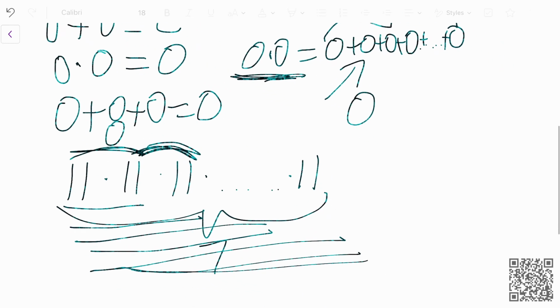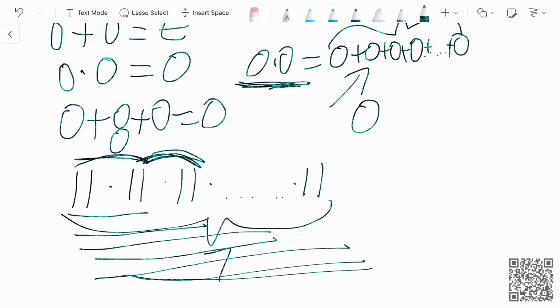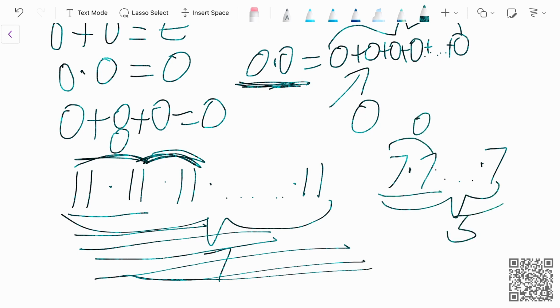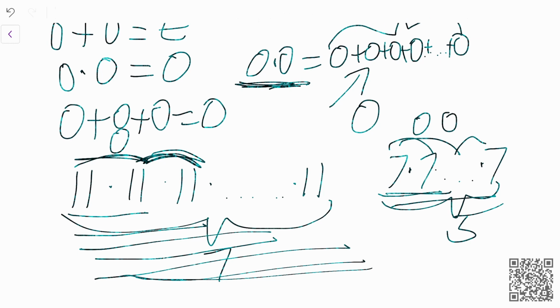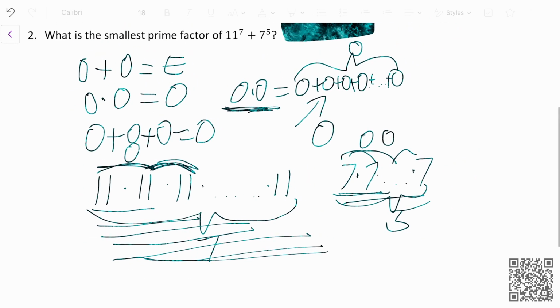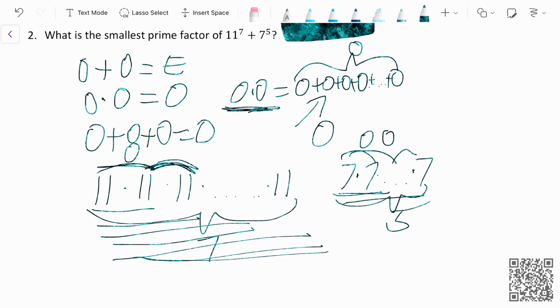It's the same idea with 7, and since 7 is also to an odd number power, 7 times 7 times ... times 7, there are 5 of these. This is an odd, then another odd, then another odd, until you get to the last 7.